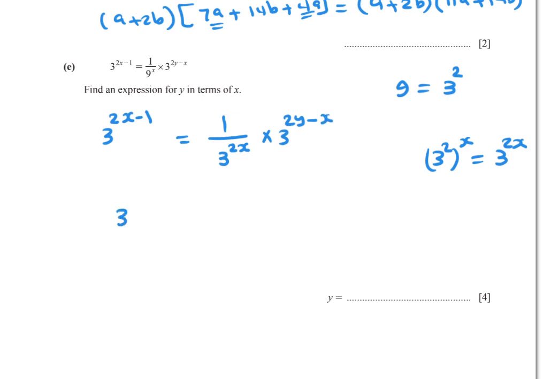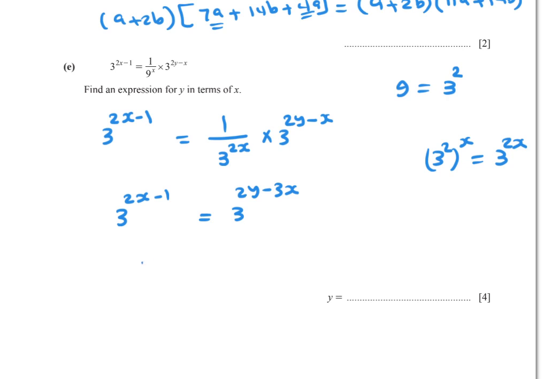So the left hand side is still the same, 3 power 2x minus 1 equals. Now we have to divide. When we divide, subtract the powers. So 2y minus x minus 2x, so 2y minus 3x. So this can be written as 3 power 2y minus 3x. Now base equals base, so power equals power.